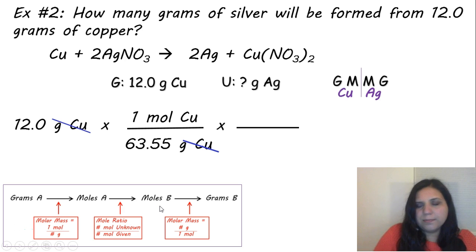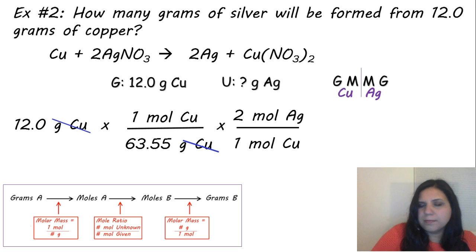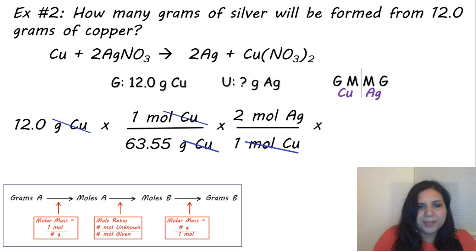For copper, in front of copper there is nothing, so it's 1 mole of copper. And in front of silver we have a 2, so it's 2 moles of silver. Moles cancel, and then we have another step. I go from moles of B to grams of B by using the molar mass, and that's the number of grams over 1 mole of that substance.